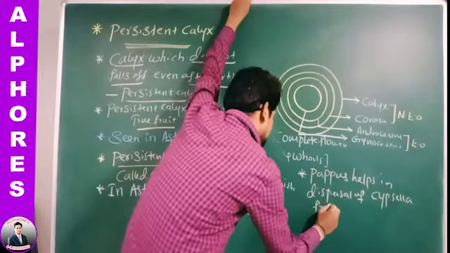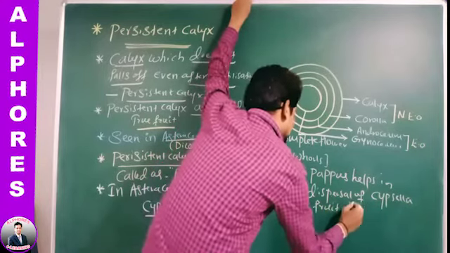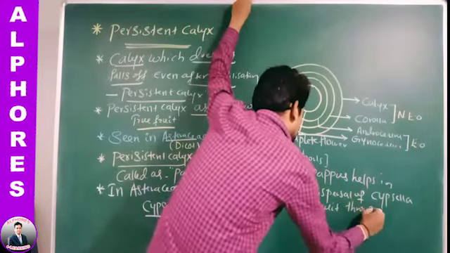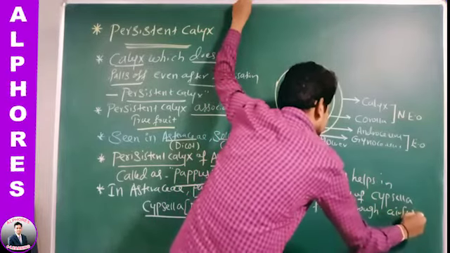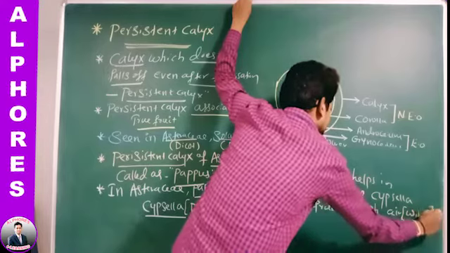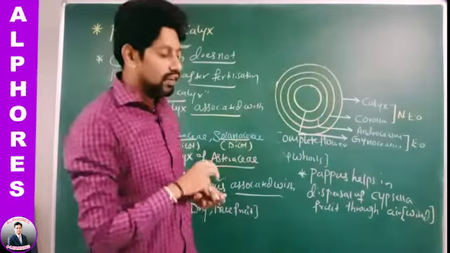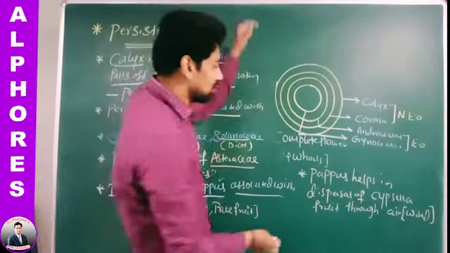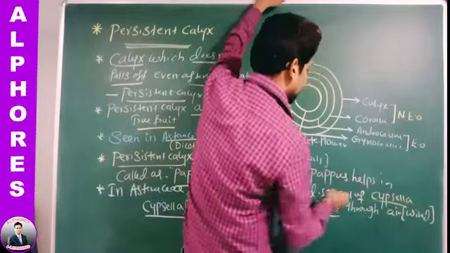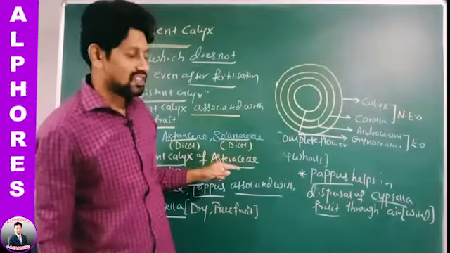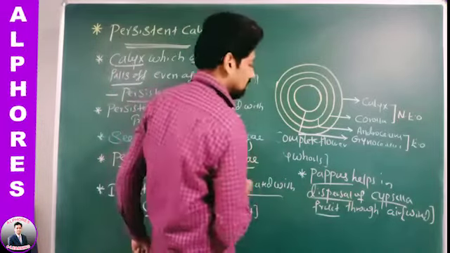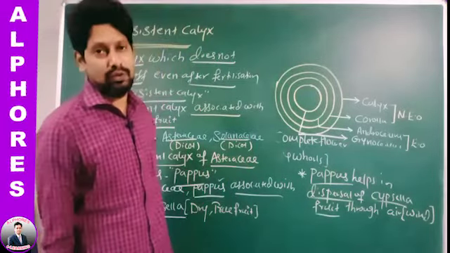Helps in dispersal of the fruit through what, sir? Air or wind. It means through wind, this fruit is moving from one place to another place with the help of what, sir? Pappus. Therefore, pappus helps in dispersal of fruit through air.